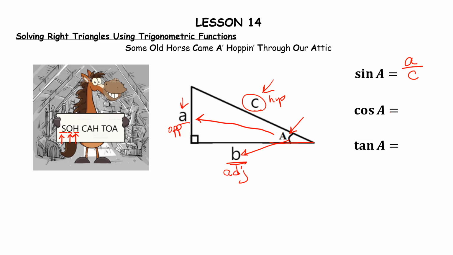Cosine of angle A is adjacent over hypotenuse, so B over C. And that is what these three letters mean. Cosine is adjacent over hypotenuse. Tangent of angle A is opposite, little a, over adjacent. And that's what TOA means. Tangent is opposite over adjacent.